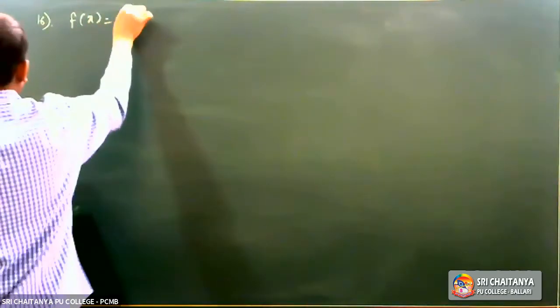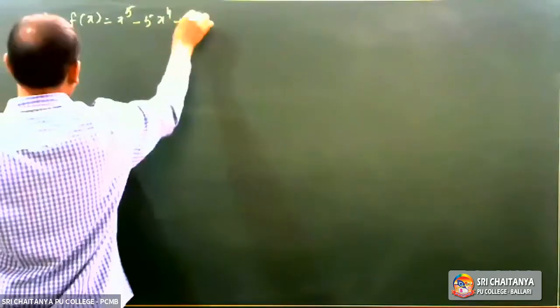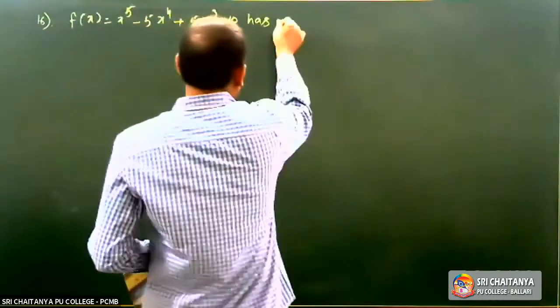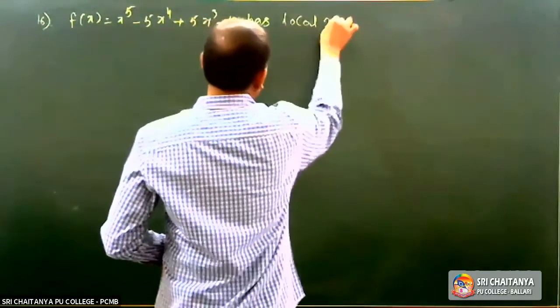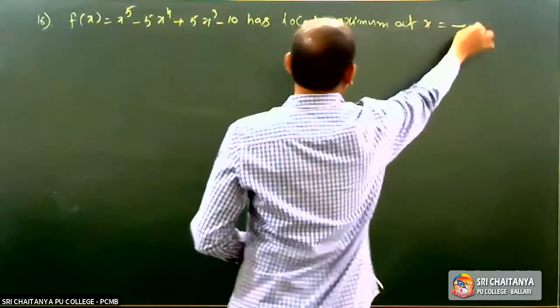F of x is equal to x power 5 minus 5x power 4 plus 5x power 3 minus 10 has a local maximum at x is equal to dash.